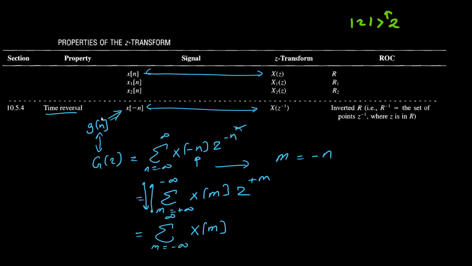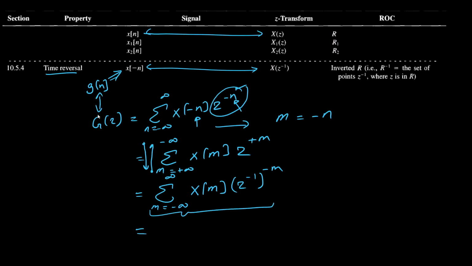But the standard form of Z transform has the variable of summation in a negative form. So z would be to the power minus 1 times minus m. Now this is having a canonical structure of the Z transform, so we can write it as x of 1 by z, or simply x of z inverse, which is mentioned over here.